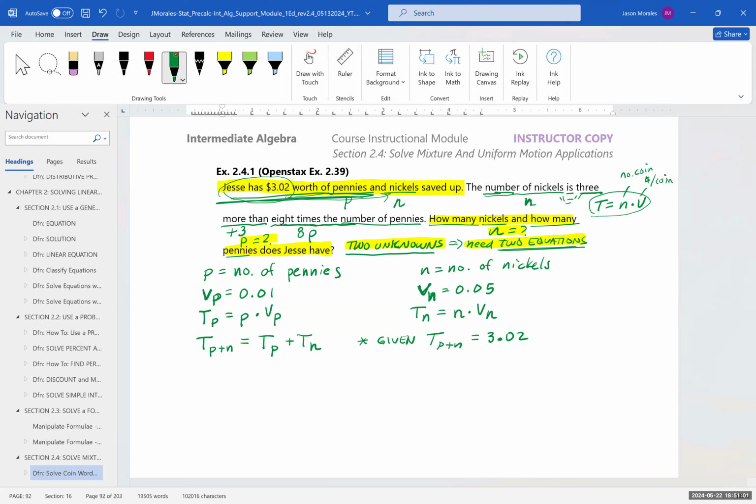So what we've got is the number of nickels is, and here we kind of have to reverse the order, 8 times the number of pennies plus 3. So this second sentence translates to this equation here.